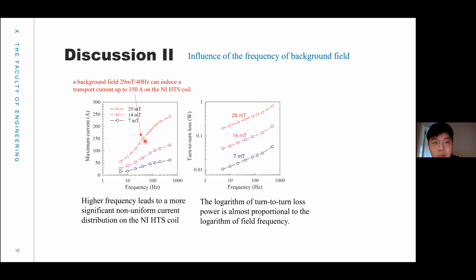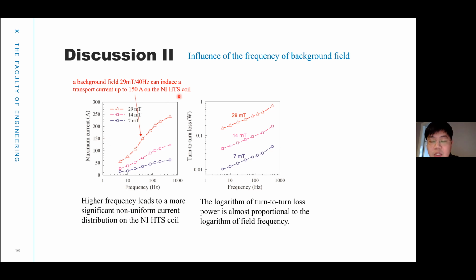For example, at this point, the background field is 40 Hz and 29 microtesla, and this very small background field will induce a very big current, around 150 amps, in the NI-HTS coil.